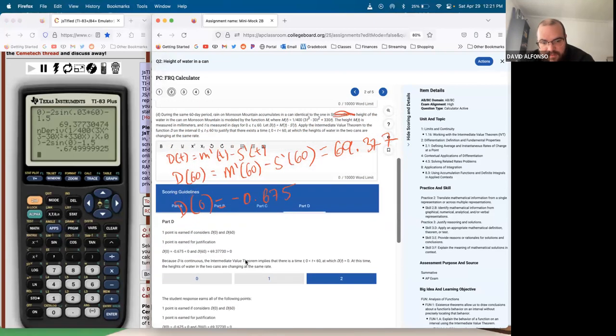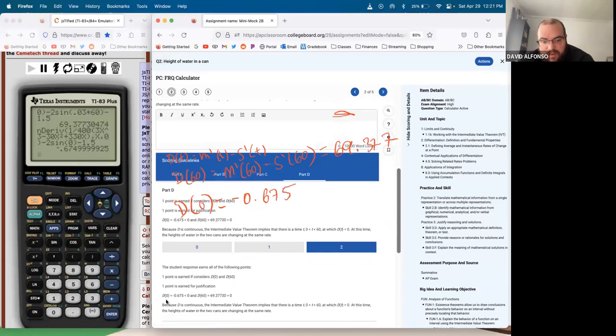I want to see the wording of this. This was only 2 points. D of 0 is less than 0, D of 60 is 69.377, right? So you got 1 point for both. You have to consider both values. If you just considered one of them, you lose the point. You have to show both to get that 1 point.